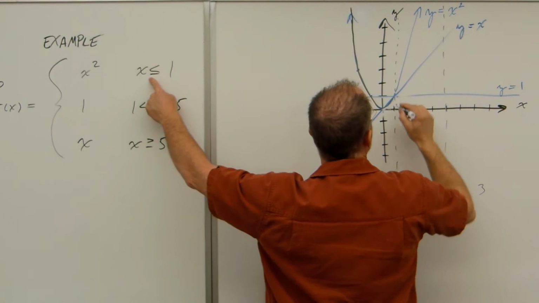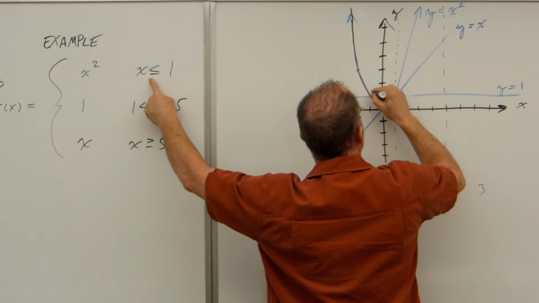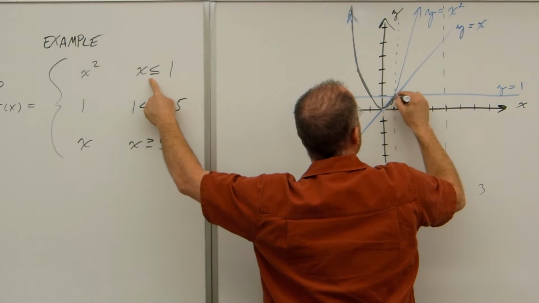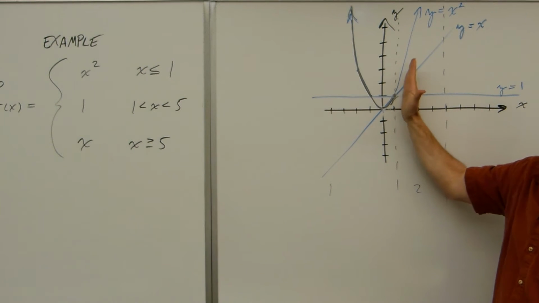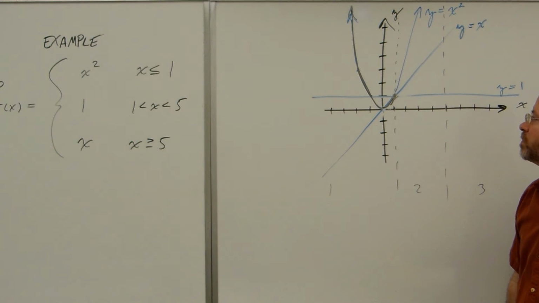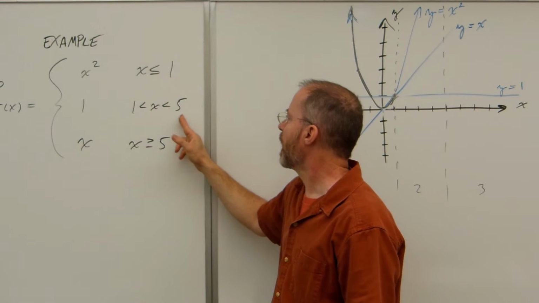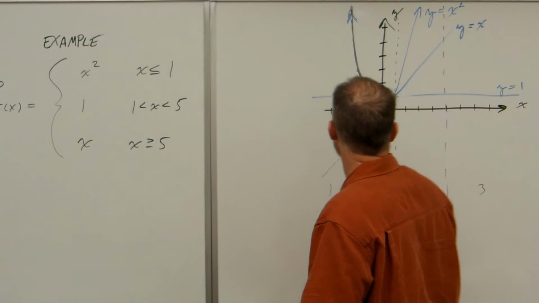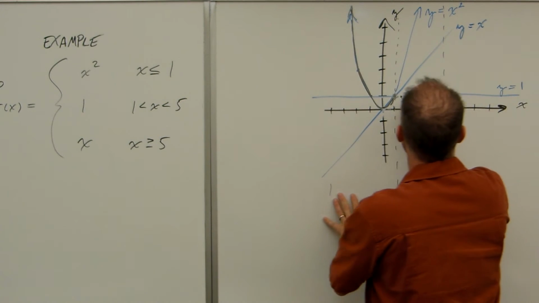And even where x is equal to 1, if I do 1 squared, I get an output of 1. I'm going to get this piece of graph, just a chunk of a parabola that stops right there. Okay? Then, when x is strictly between 1 and 5, I'm going to pay attention to the formula 1, so I'm going to pay attention to this constant graph.